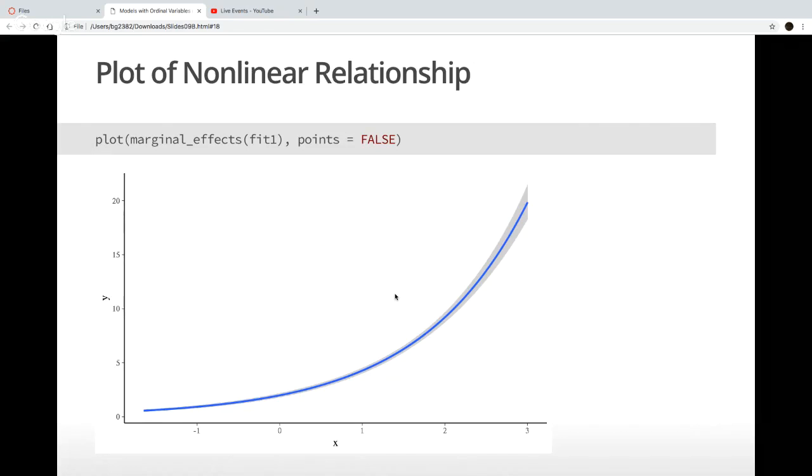So that's a good thing to always be calling to visualize. And you can even do it in ordinal models or monotonic effect models. They have a plot that's customized for each of those.